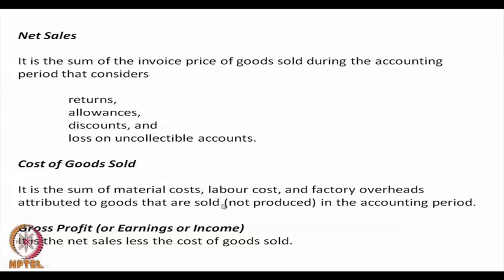We might have manufactured 100 items in a particular accounting year, but if we sell only 50, then we have to consider the cost of making only those 50 items. That is the cost of goods sold. Then the net sales minus the cost of goods sold is gross profit or gross earnings or gross income.